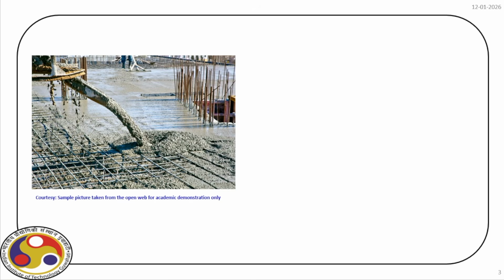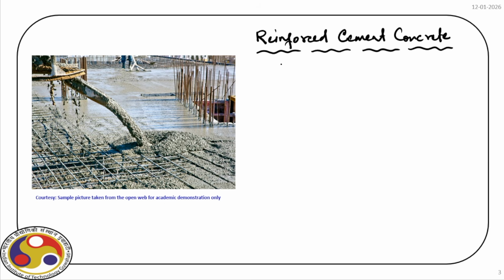Now, as you all know, in reinforced concrete design, the material that we use is reinforced concrete, right? So, there are two major components in RCC. As you can see here in this photograph, there are steel rebars used and obviously cement concrete is poured, right?